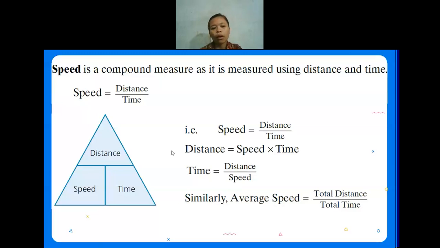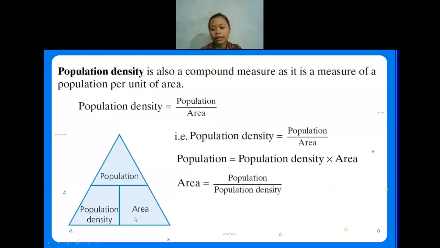So I will move to population density. The formula is that population density equals the population, the number of people, divided by the area. So later, if I want to find the area, I can just do population divided by the population density.